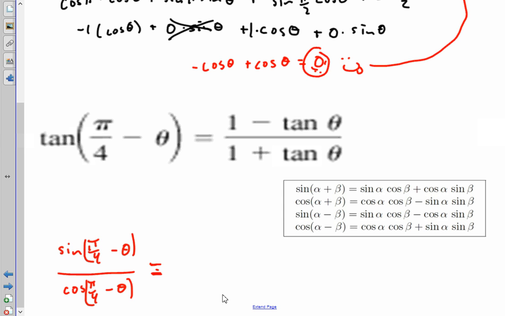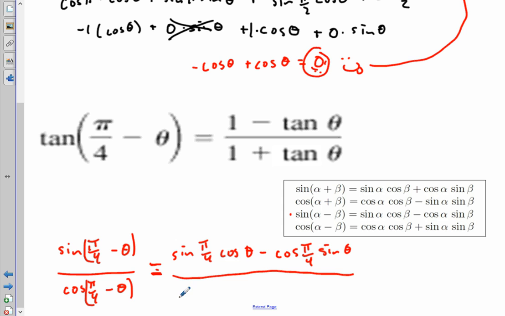We have our difference of sines right there. So it should be sine of pi over 4 cosine of theta minus cosine of pi over 4 sine of theta. On the bottom here, we're going to have cosine minus.